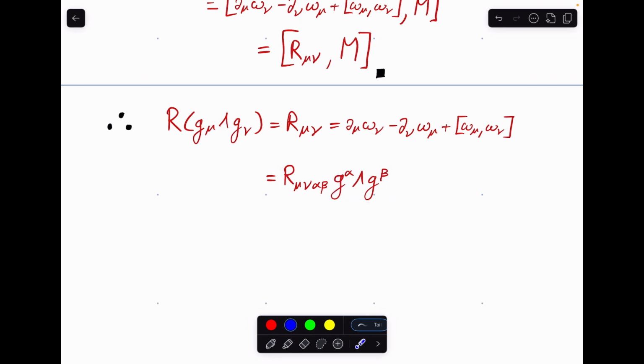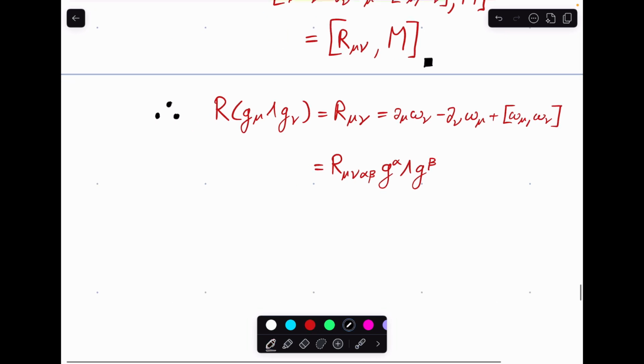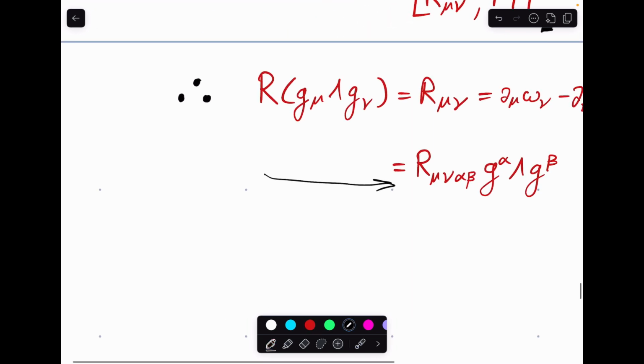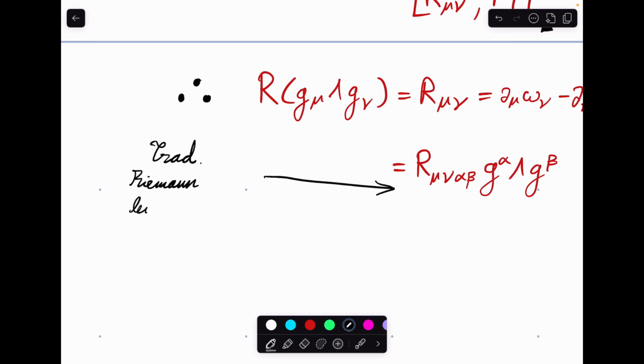Because this is a scalar, this is now the actual traditional Riemann tensor. And these alpha beta indices are the indices that you would normally see in traditional general relativity. So just for emphasis, this is the traditional Riemann tensor.